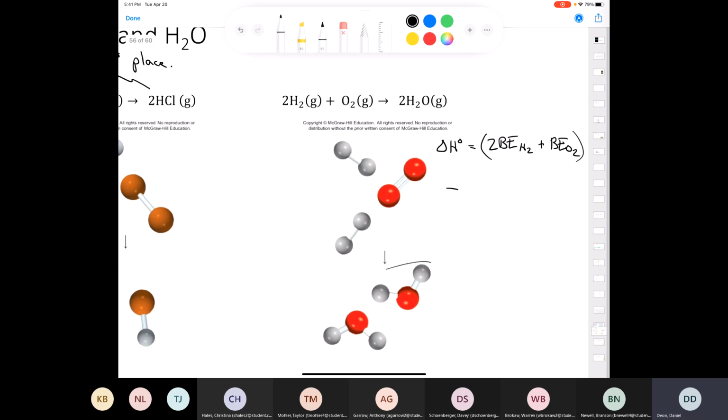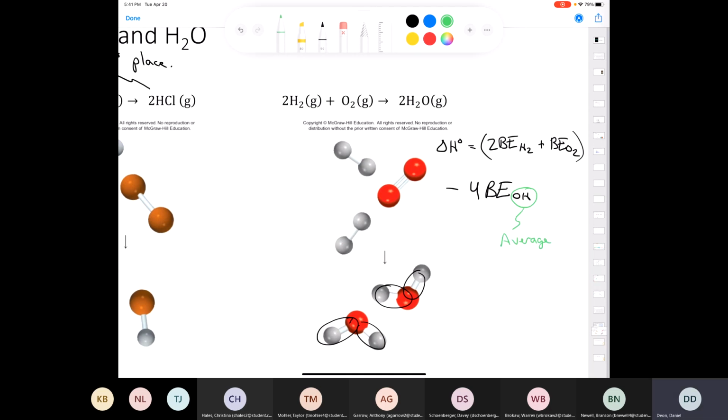Then once I form the 2 H2O molecules, how many OH bonds do I have? I have 1, 2, 3, 4 oxygen hydrogen bonds. So I would subtract 4 times the bond enthalpy of the oxygen hydrogen bond. However, this is an average, right?